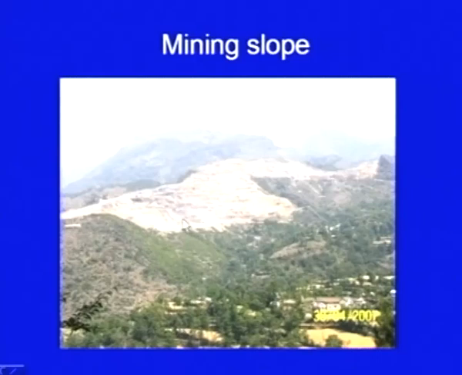Sequence of excavation means depending on the stability of slopes, we start excavating from one side or the other side, and the purpose is to extract as much as possible. The purpose is not to make it stable. So, this is a mining slope, and you can see the area, because you have to extract a large amount of ore, the area generally is very large, whereas in case of civil engineering structures the area generally is small.